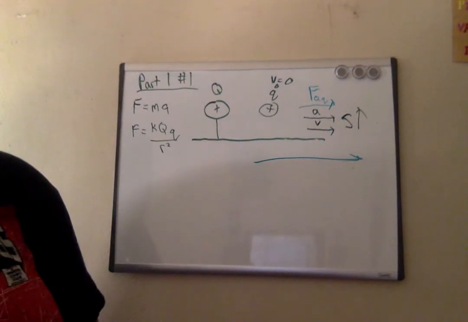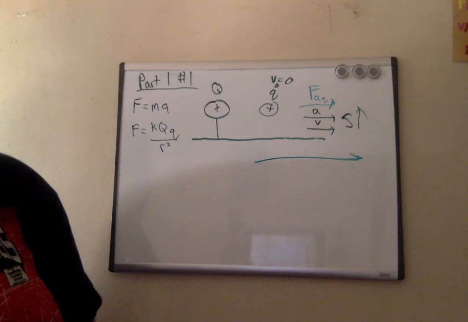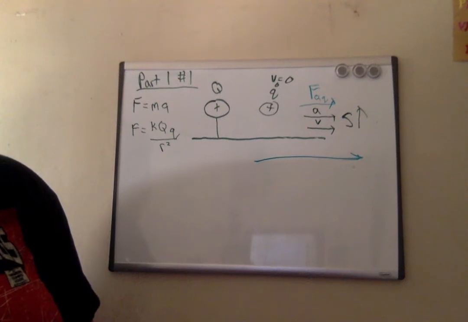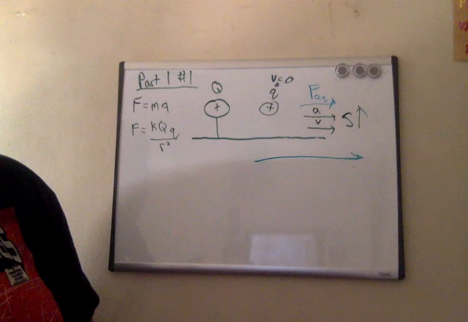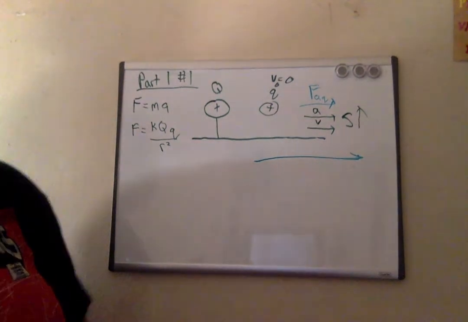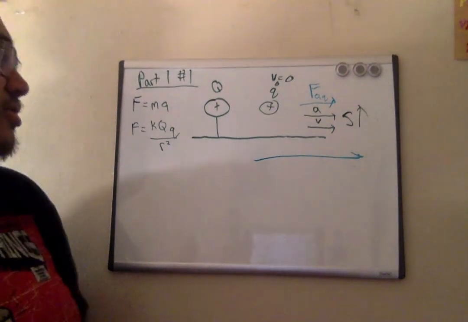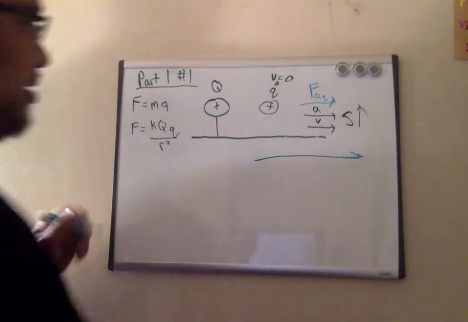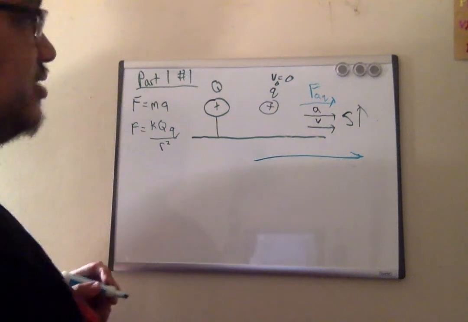And then for D, it says, as it moves farther and farther from Q, its speed will decrease. So for that one, also not true. Yes, we said the acceleration is decreasing as it moves farther.